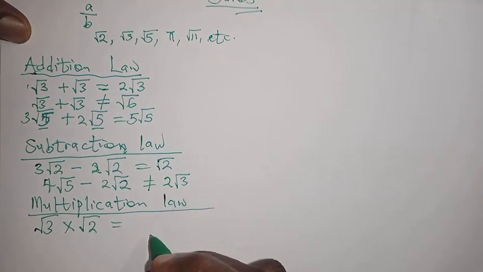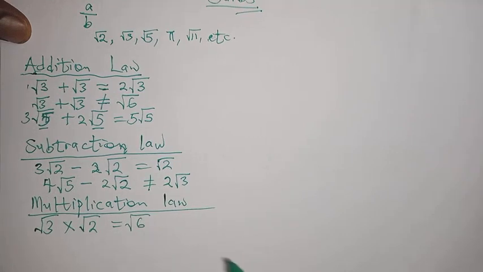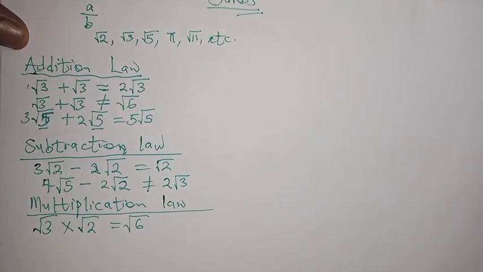That simply gives us what? Root 6. Root 3 times root 2 gives us root 6. So in this case, you don't necessarily have to have the same surds. Different surds can simply multiply each other.